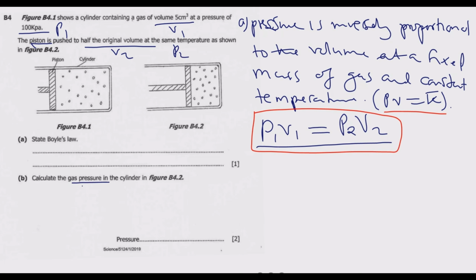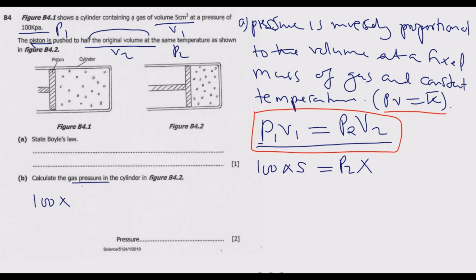So using this, we know volume 1, then pressure 1 is 100 kilopascals, so just put 100, multiplied by the volume, which is 5 centimeters cubed, is equal to pressure 2, which we are looking for, multiplied by the new volume.